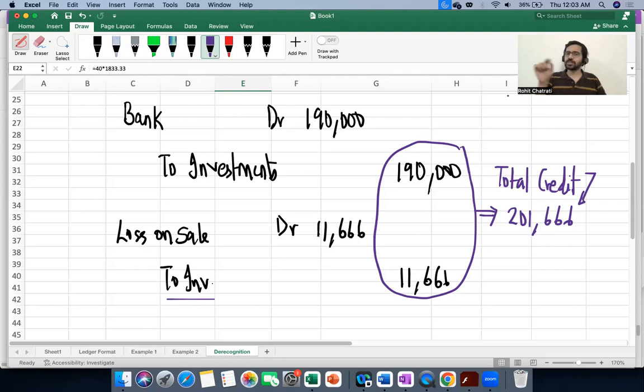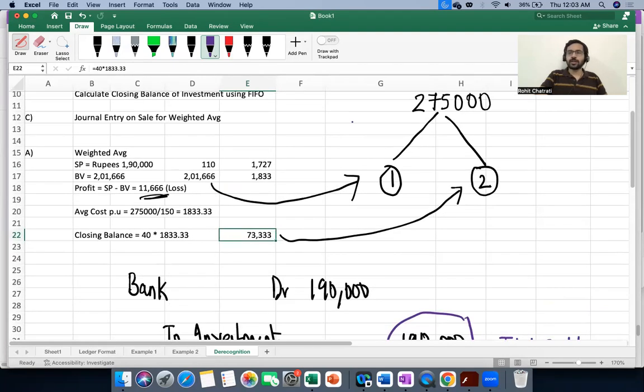The 73,333 that you are getting over here as a balancing figure can actually be calculated as well, which is what we did. We calculated that 73,333 as 40 shares multiplied by the weighted average cost per unit. So even if you do not do this closing balance calculation, if you calculate the closing balance as a balancing figure to tally your ledger account, you will still be able to get the answer.